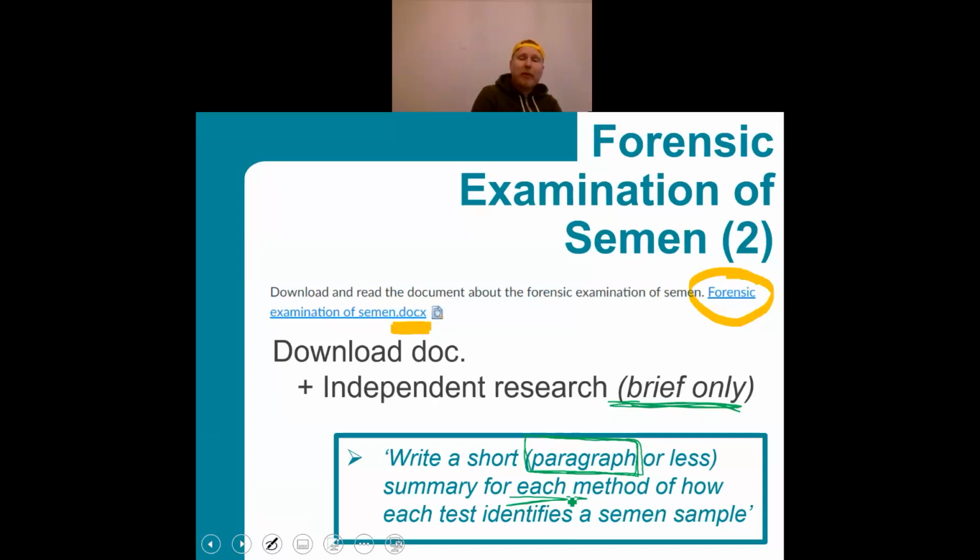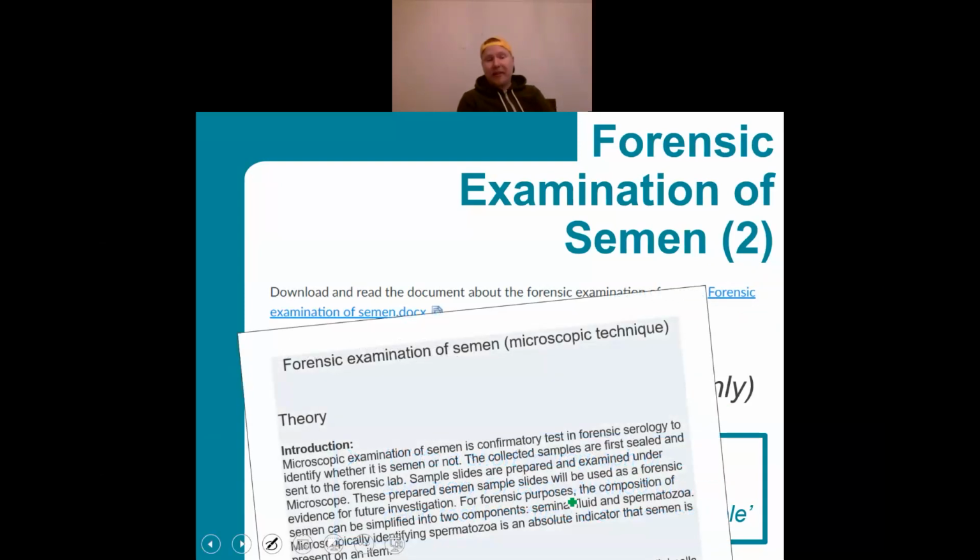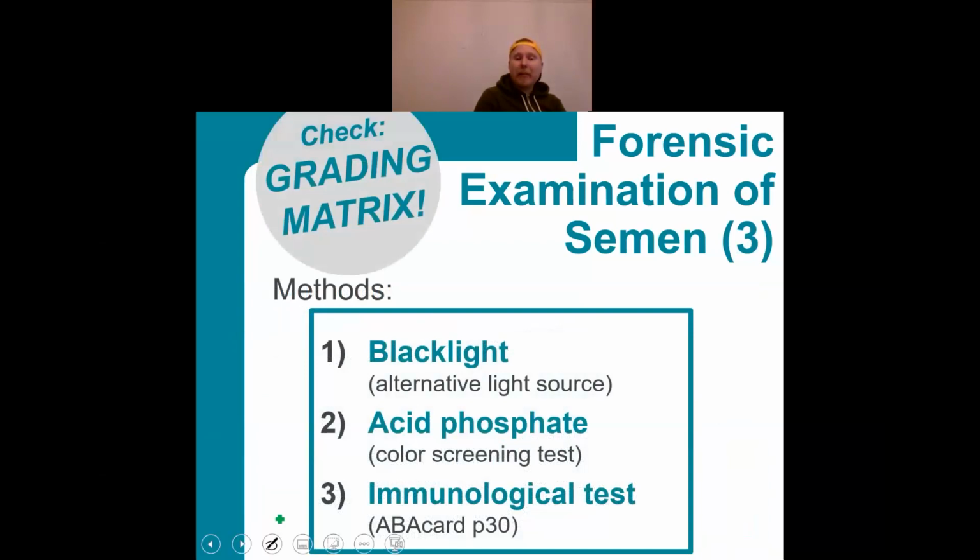There is a little theory background that's going to help you get started, but I can't emphasize enough that you can do outside research on this topic. If you do, always remember the references. That's always points.